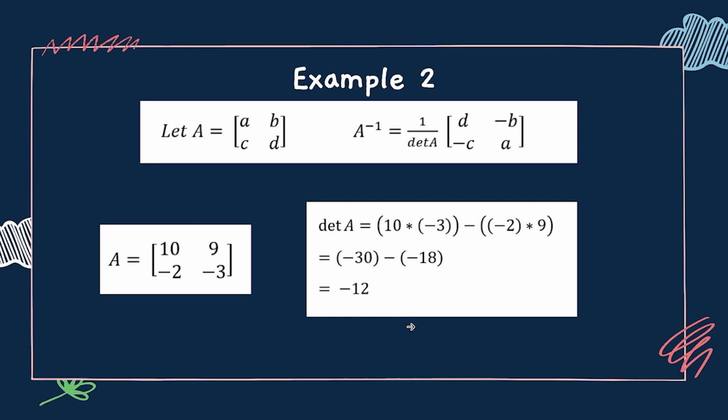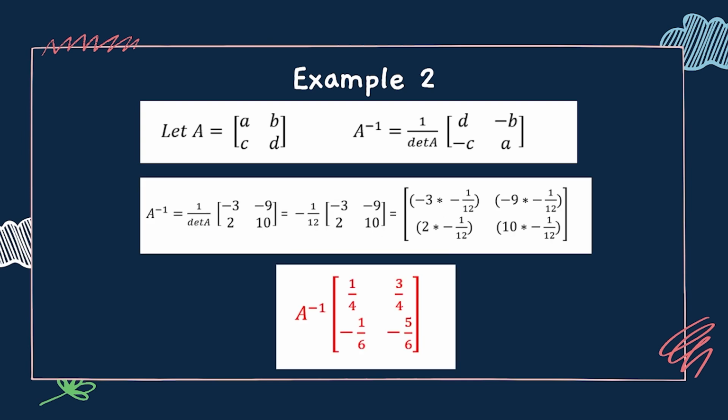To solve the determinant, we take the product of the elements from top left to bottom right and subtract it with the product of the elements from bottom left to top right. In this case, 10 times negative 3 minus negative 2 times 9 is equal to negative 30 minus negative 18, which is equal to negative 12.